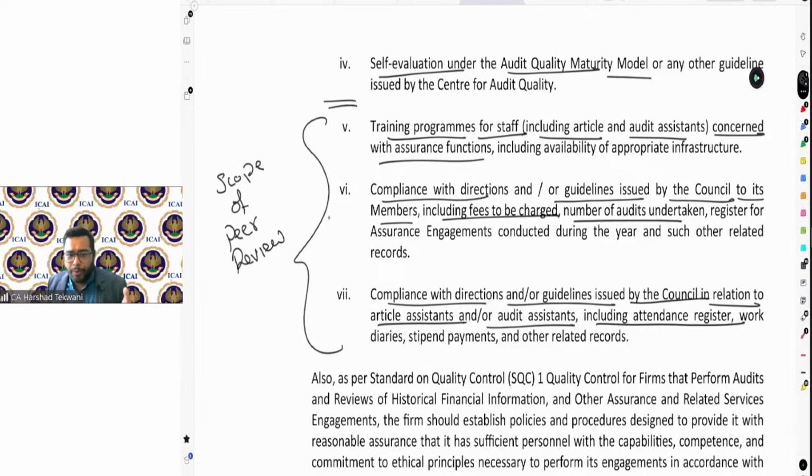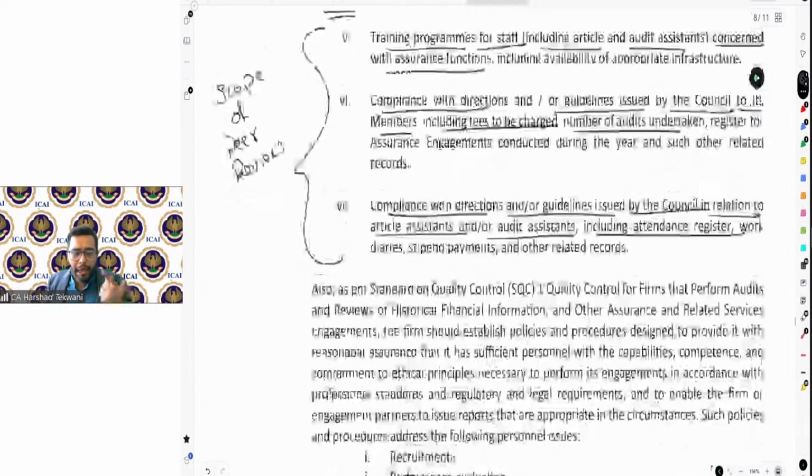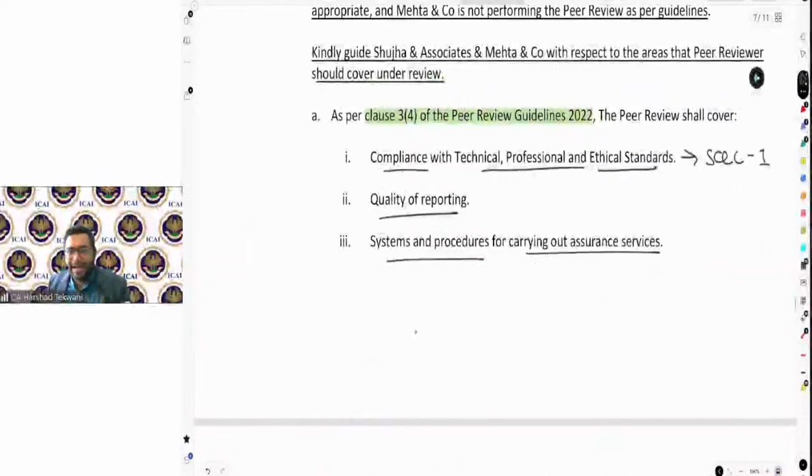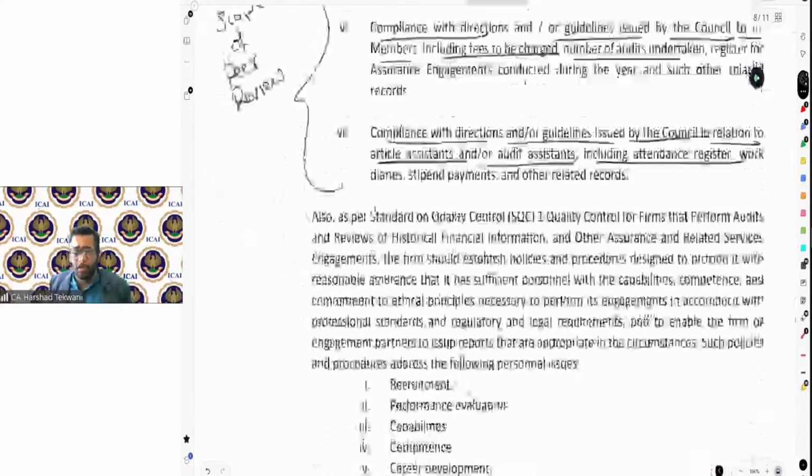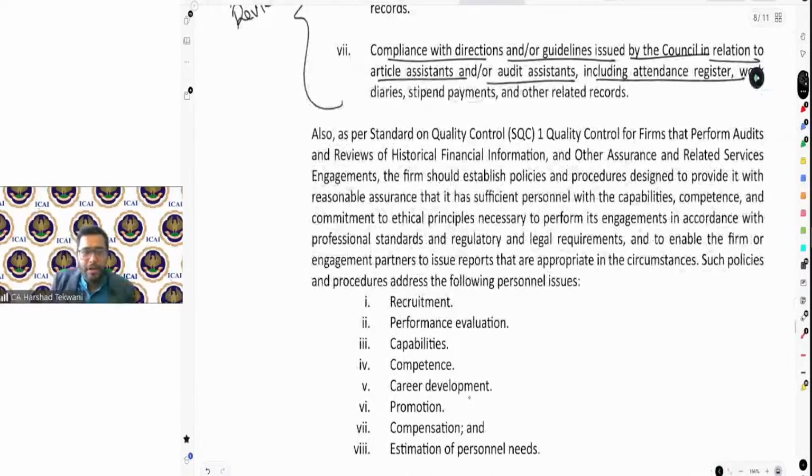Training programs, compliance with the directions. And if I talk about compliance with the technical, professional, and ethical standards, remember when we discussed the definition of TPE, that covers standards on engagement and quality control also. Out of that, one is the standard on quality control, SQC1, which talks about quality control for firms that perform audit.